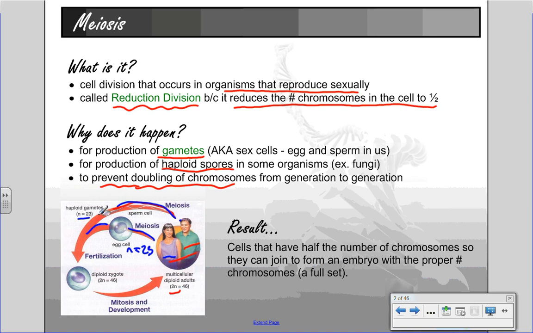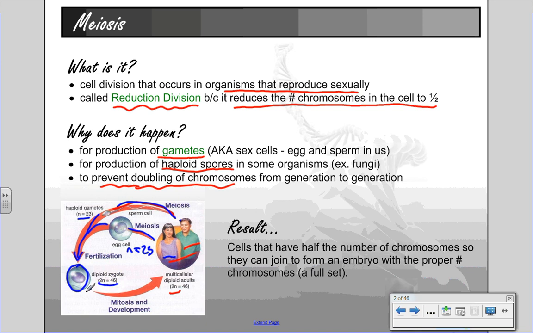So that when they come together and undergo fertilization, in other words, there's union of their 2 nuclei and chromosomes within them, they form a zygote, the very first cell of an organism, a human, that has a full set, a diploid set of chromosomes. 2N, we say.